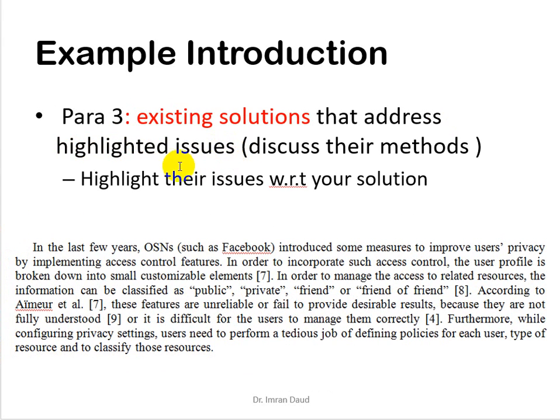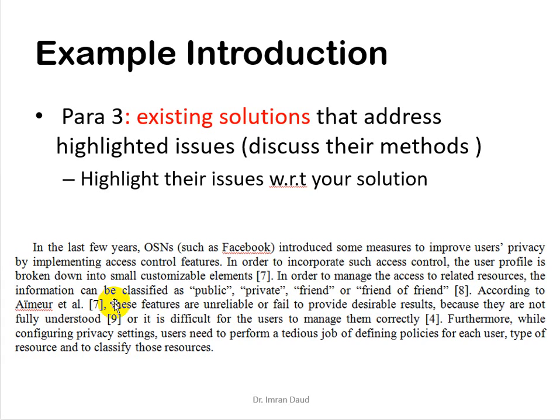Then in the third paragraph, you talk about the existing solutions, those who have worked on the highlighted issues that you previously mentioned in paragraph 2. As I already explained in part 2, you need not write about the details of those authors, because you will be citing most of the researchers, not all of them, since all of the researchers you will be discussing in the related work section.